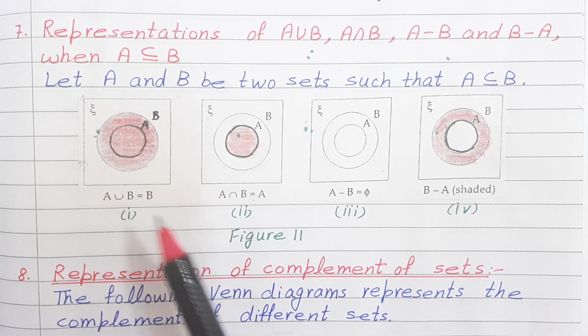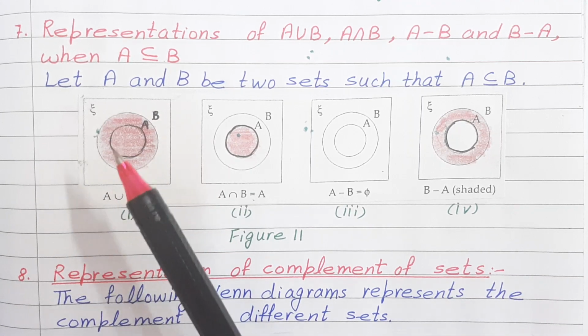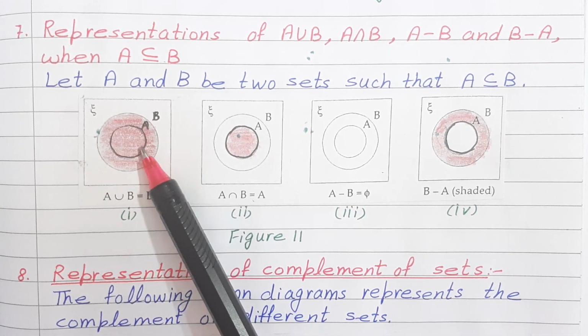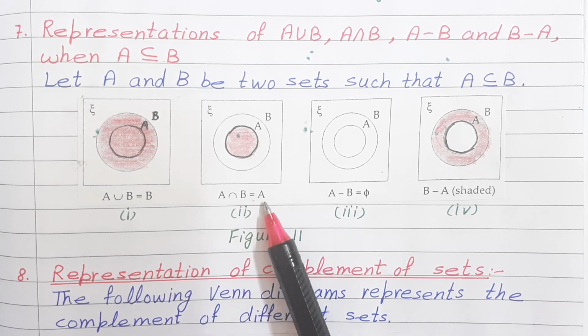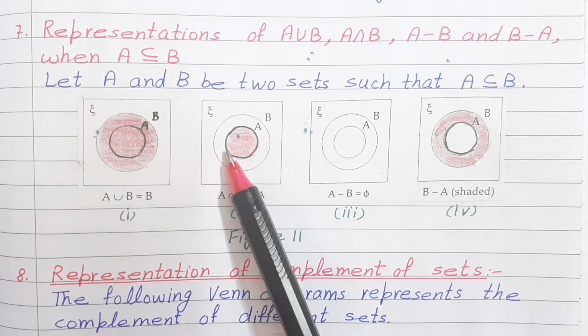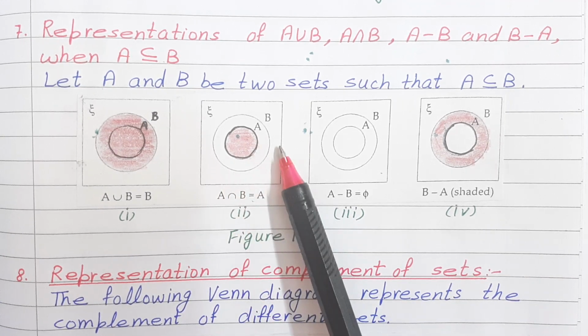Now here A union B is basically equal to B. That means we have to shade A as well as B, right? But A intersection B is only A, where all the elements of A are common between A and B.